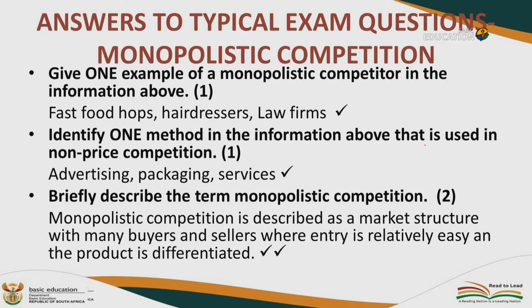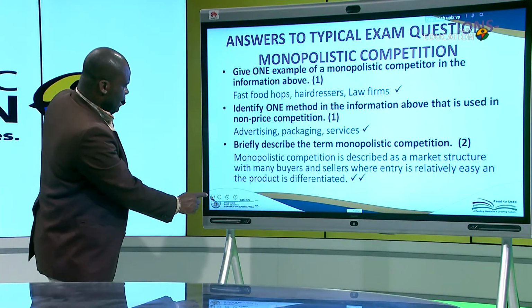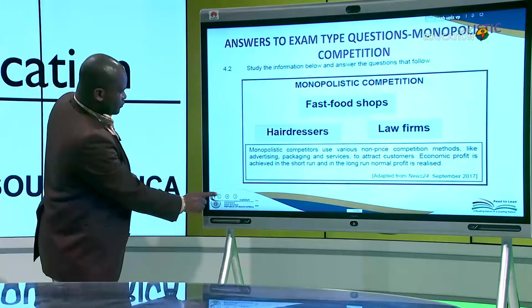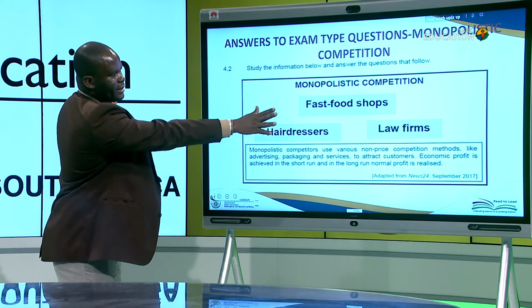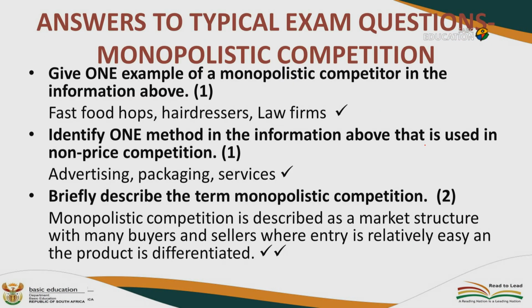It says, give one example of a monopolistic competitor in the information above. Obviously, all these three, fast food, law firms, and hairdressers, are examples of monopolistic competitors. Identify one method in the information above that is used in non-price competition: advertising, packaging, and services.